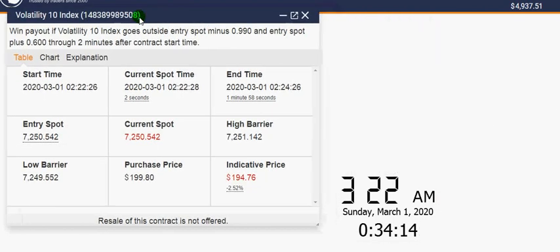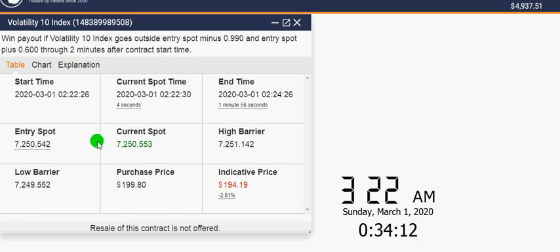That's our last trade. So these are entry spots, 725, and this is the current spot, 249. We are close to the lower barrier. It's going high again. This is the current spot, 250, 249. Once it goes below this, we'll win. It's moving high. Still going close to a higher barrier.